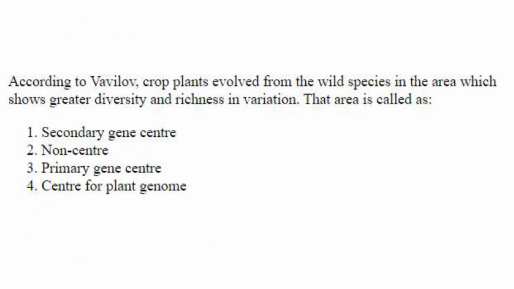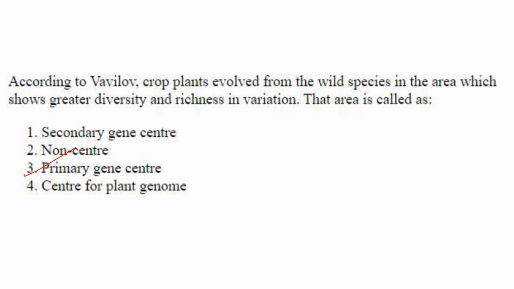According to Vavilov, croplands evolved from wild species in the area which shows greater diversity and richness in variation. That area is called the primary gene center. Primary gene centers are the geographic areas where the crop plants' wild ancestors originated, and there you can see greater diversity and richness in variation.